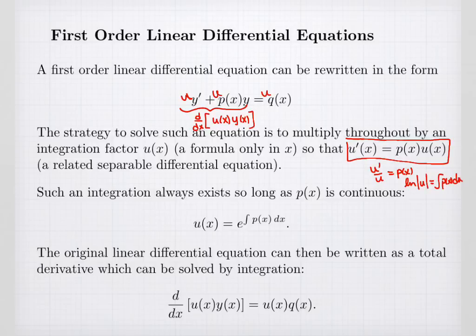And so that's where I get my integrating factor. u of x is e to whatever that integral was. We usually don't use the integral sign. That just reminds you to calculate the integral.